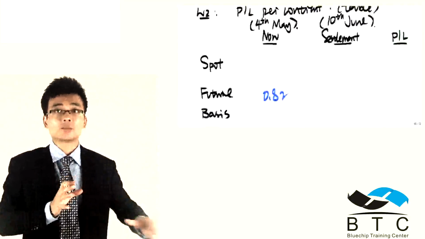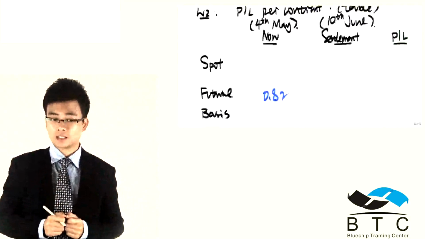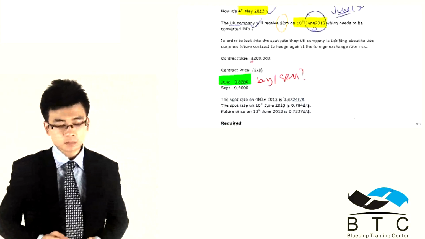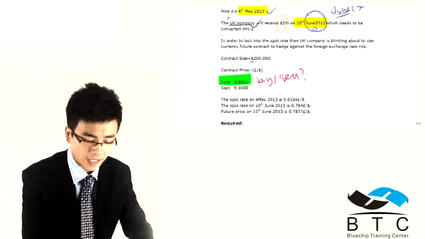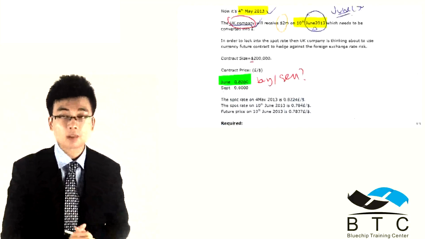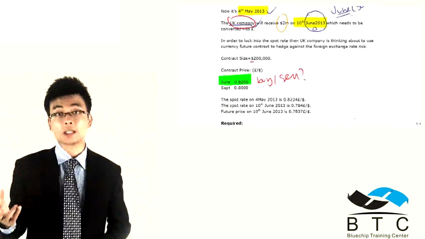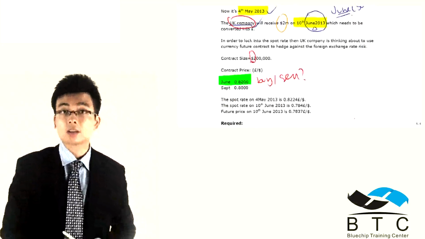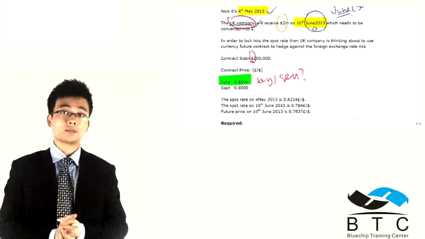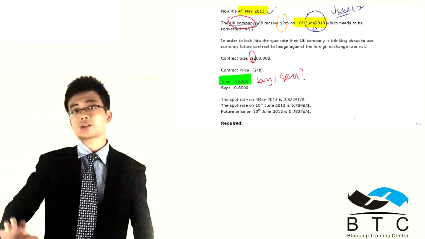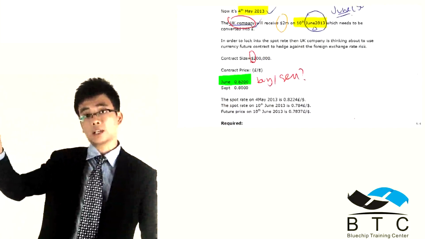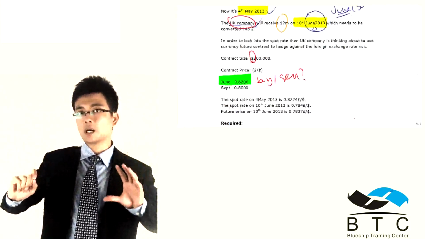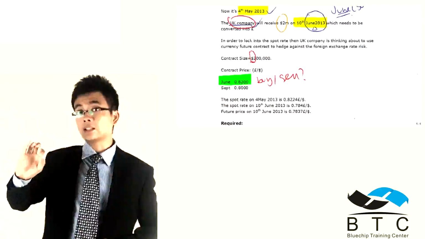So just to take you back to the simple PLC example here, let's read through the question again. The company is based in the UK, fine, and will receive $2 million, and dollars is the contract currency. So from that perspective, you're going to receive a foreign currency, but you're living in the home market, so you do not need those currencies.